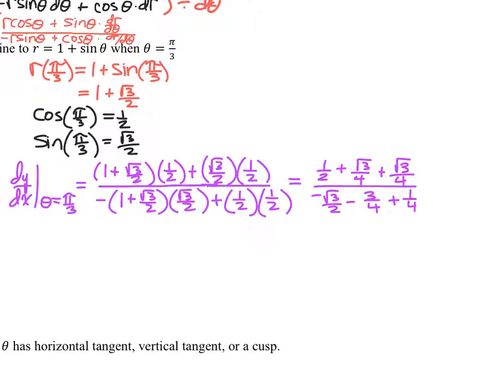I don't feel like getting common denominator, so I'm just going to multiply everything by 4. So 2 plus root 3 plus root 3 over negative 2 root 3 minus 3 plus 1.